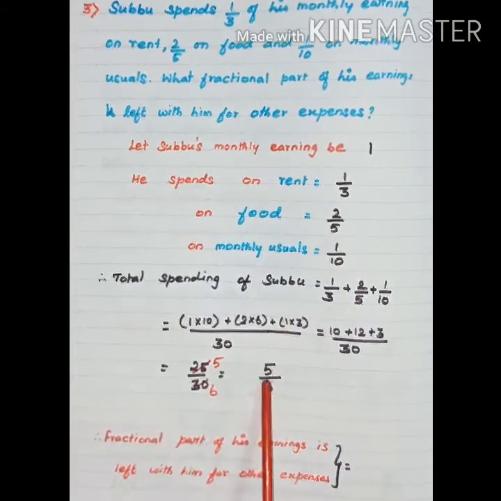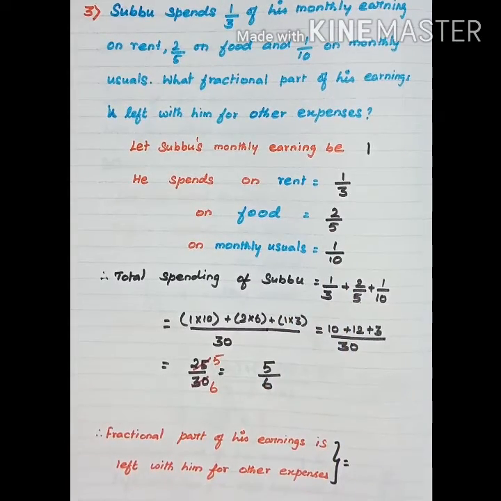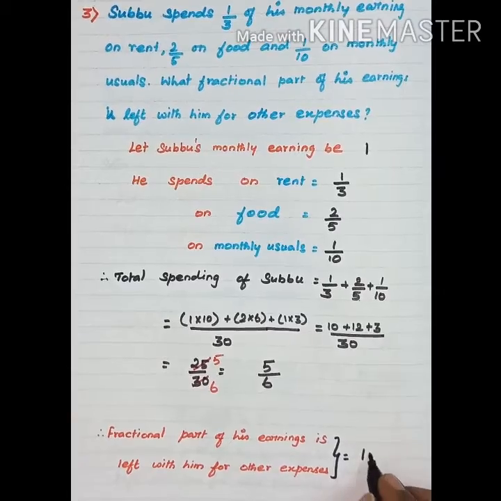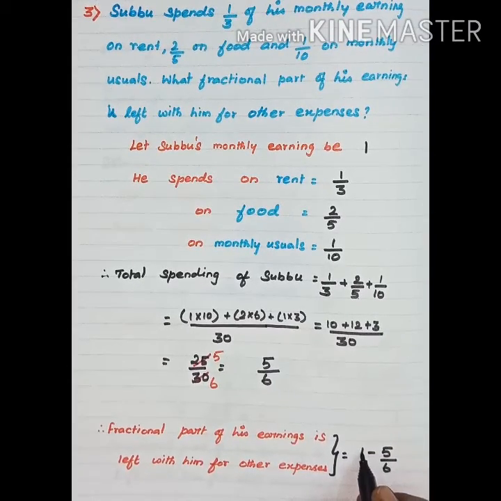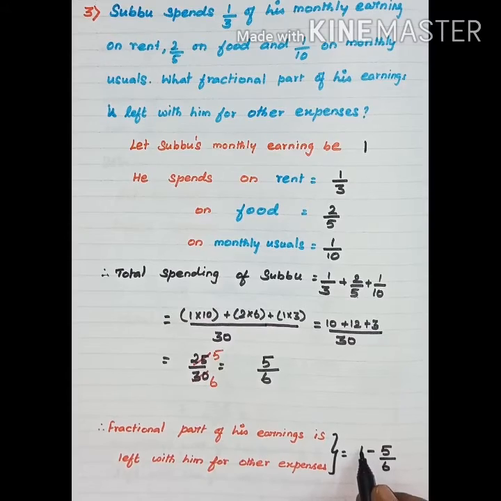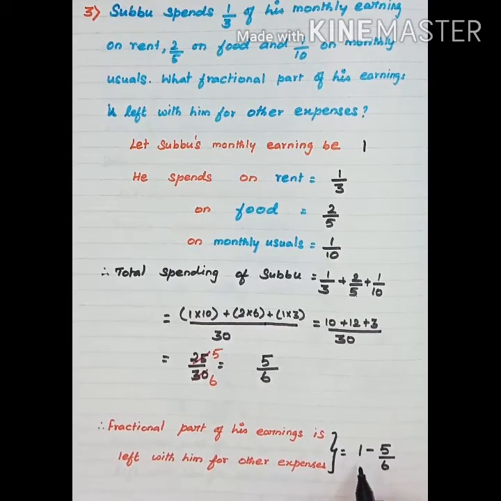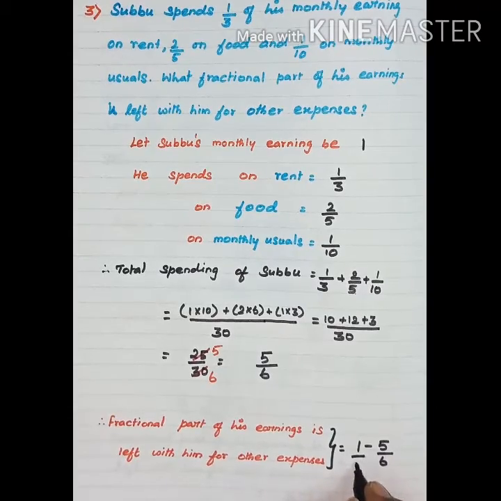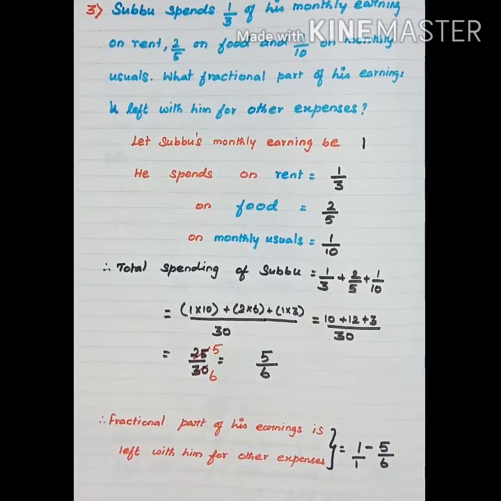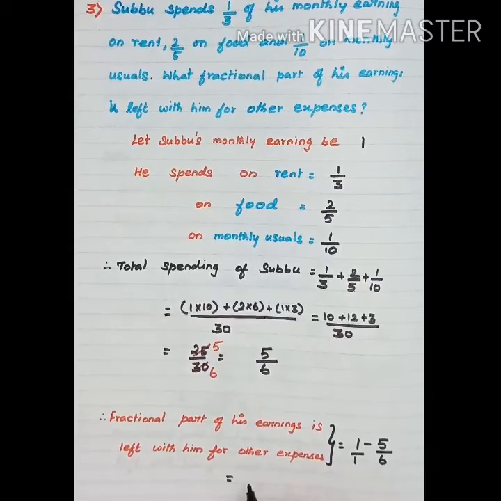So, 1 minus 5 by 6. Here, for 1, the numerator is present, but the denominator is not there, so we take 1 as the denominator.